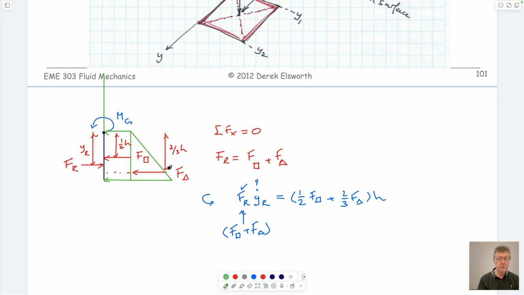So this is exactly our distribution that we have here. This would be the distribution on the plate due to the pressure acting at this point.